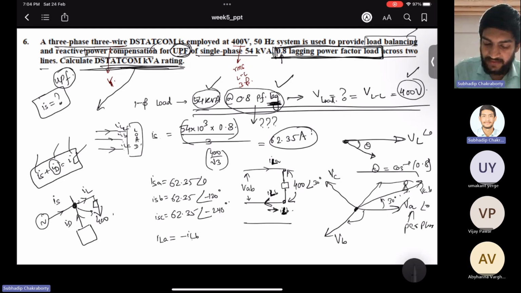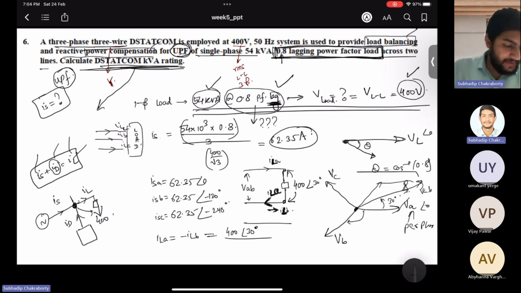If I write what is ILB, ILB is minus ILA. ILA came and returned via this point. So this is ILA, this is the return of ILA, and ILB using this direction is minus ILA. So what is this current? 400 at an angle 30 degrees divided by the load impedance.